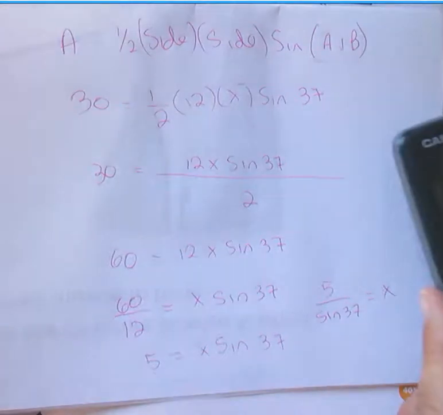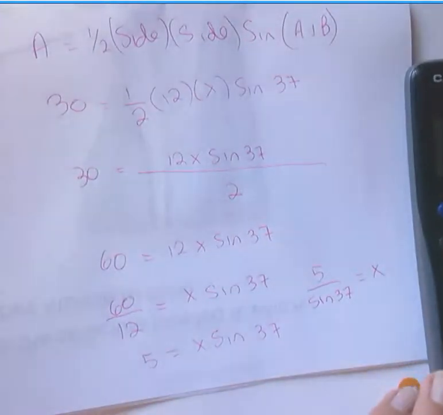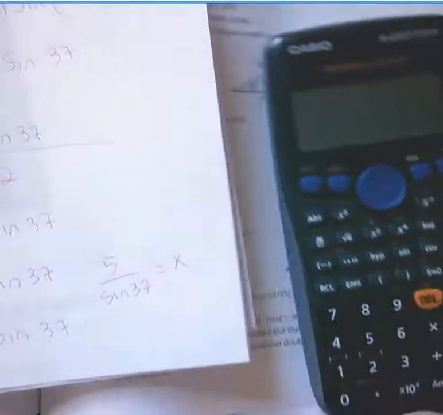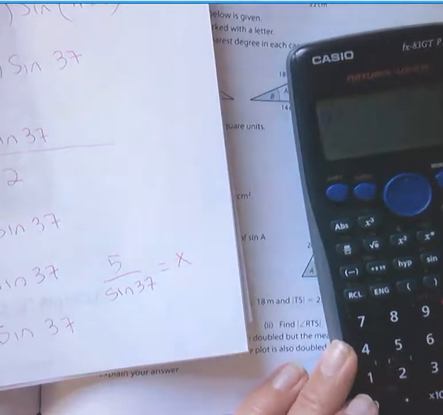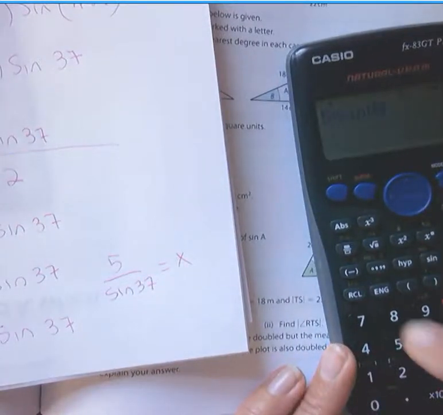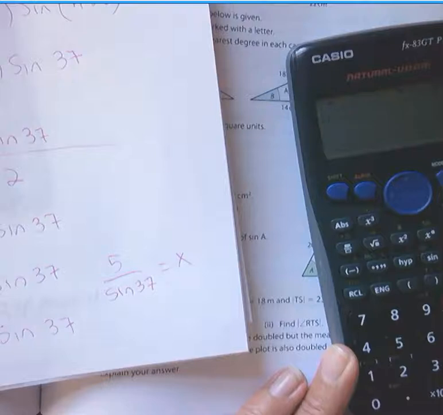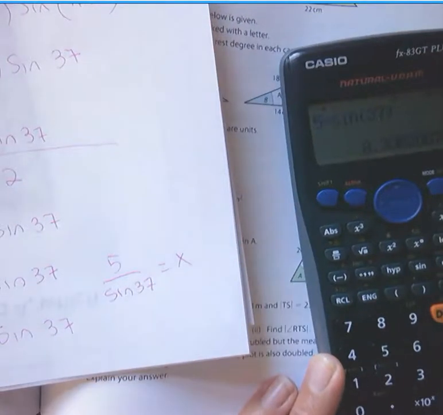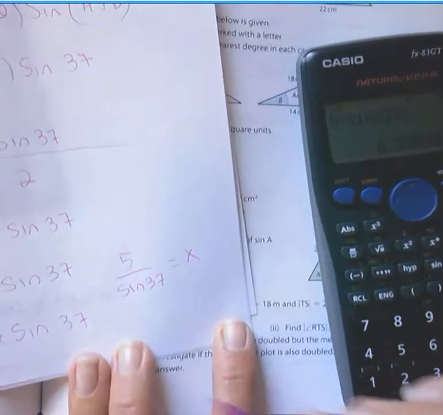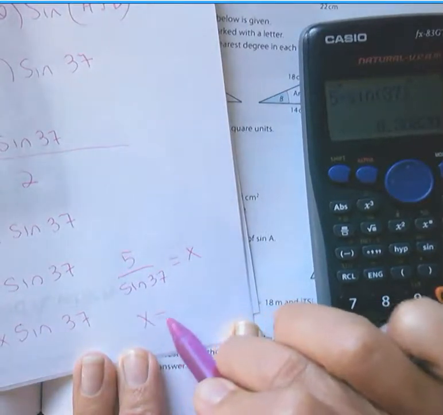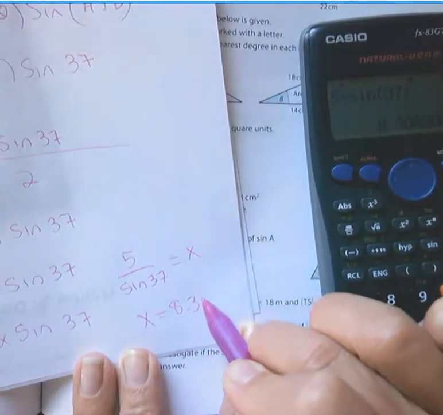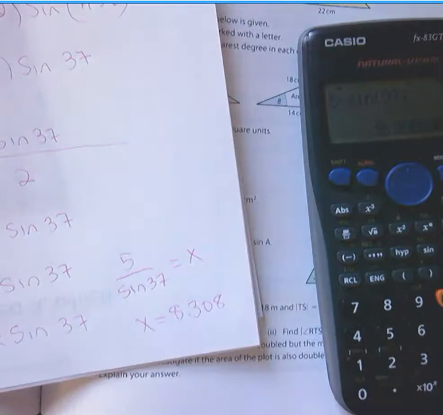At that stage, you get out the calculator and you go 5 divided by sine of 37, close your bracket, press equals, and you get 8.3. So x is equal to 8.308 for that one.